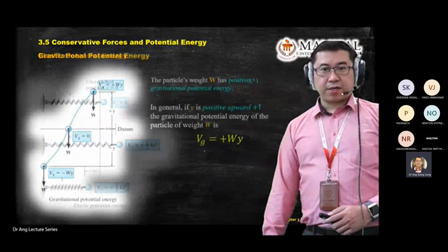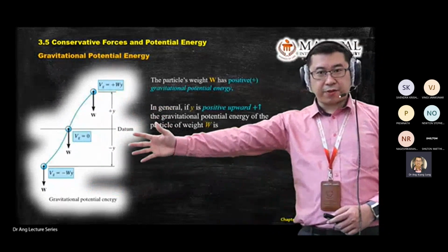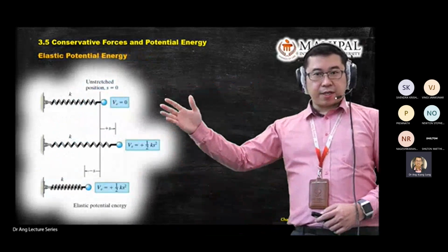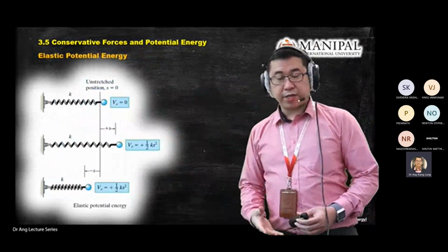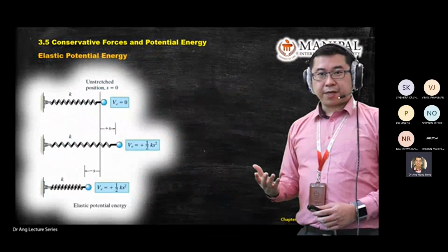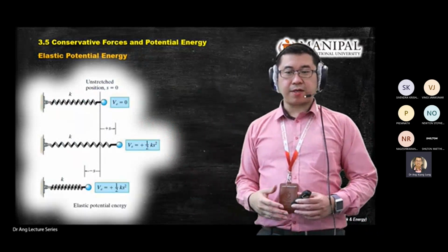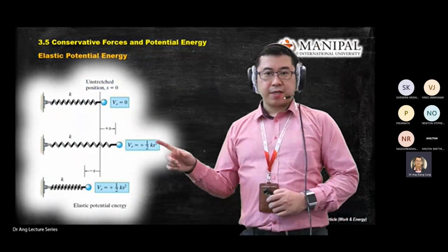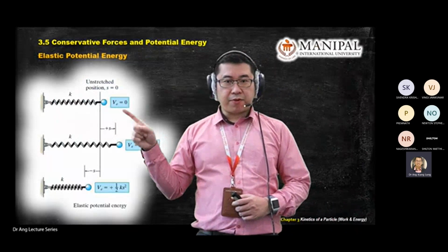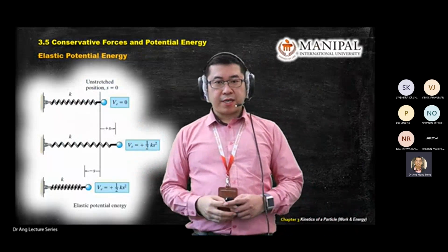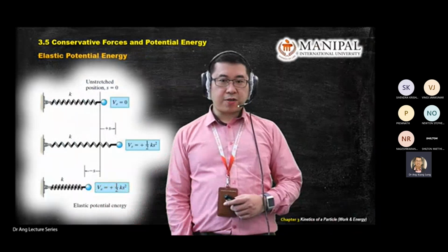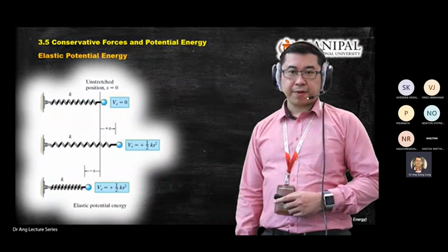Next, once we know about potential energy of gravitational acceleration, the next one in engineering devices, we use the laws of spring in our devices nowadays. So you're familiar with springs. A spring is always linked with the spring constant, right?